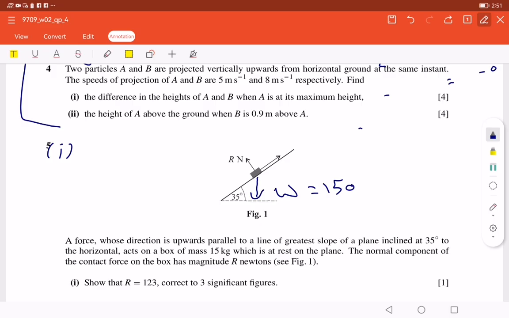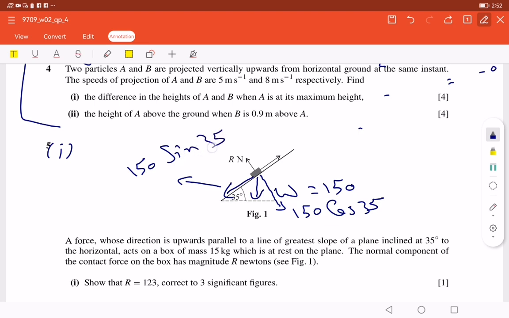And we can resolve the weight force into perpendicular directions. The first, perpendicular to the plane, is equal to 150 cosine 35, and the second, in the line of greatest slope of the plane downward, is equal to 150 sine 35.